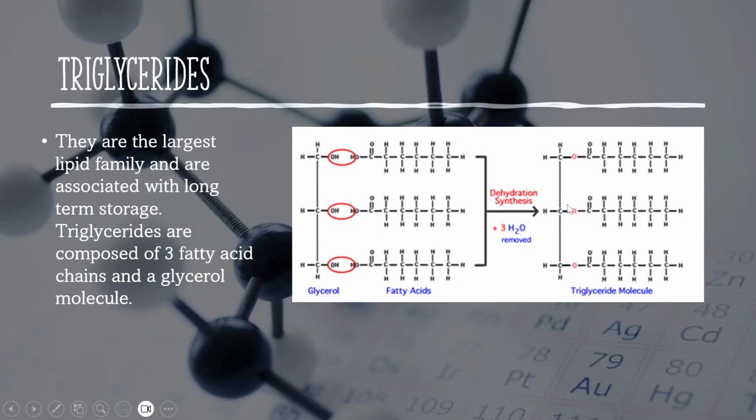I don't think you really have to know the dehydration synthesis reaction for these. You might have to, I'll double check later. But for triglycerides, you have this glycerol molecule, which is a sugar alcohol. Then you have the fatty acids, and then dehydration synthesis to make your triglyceride molecules.